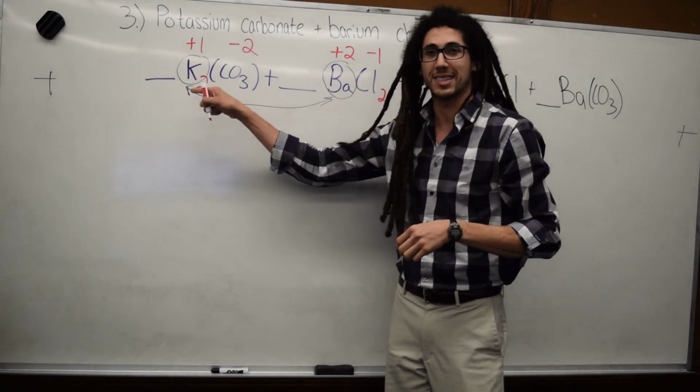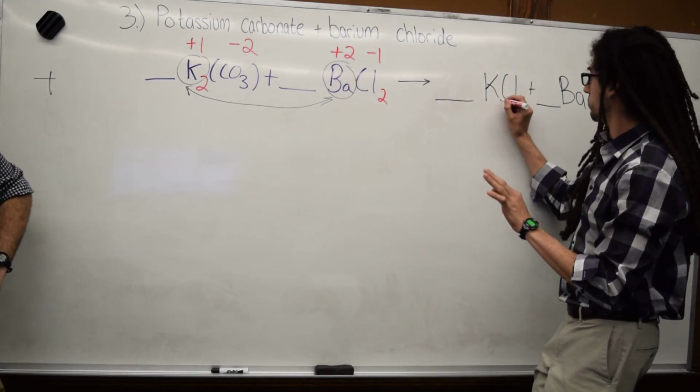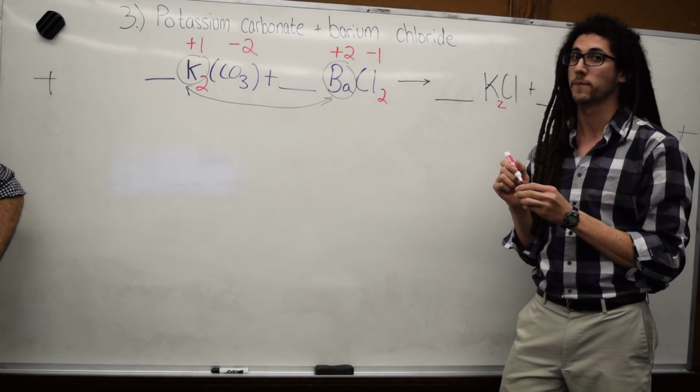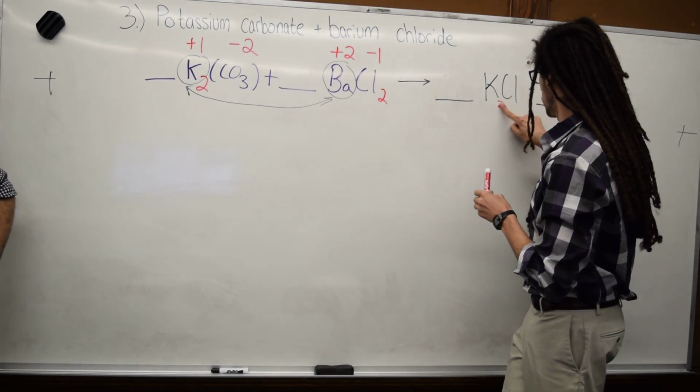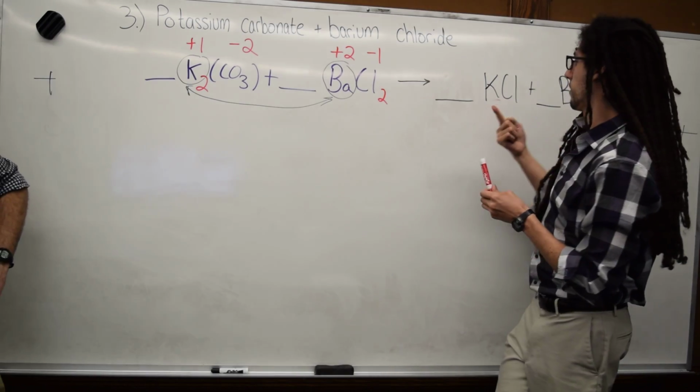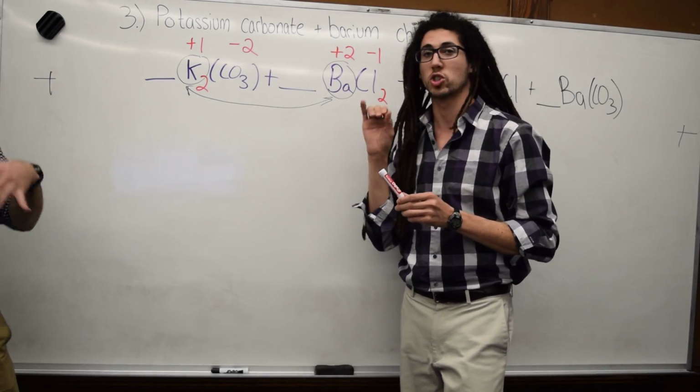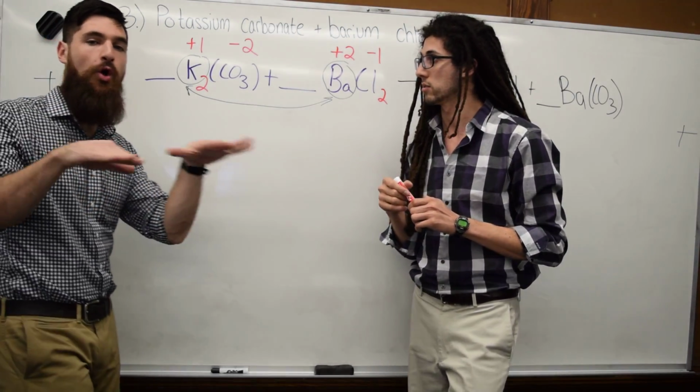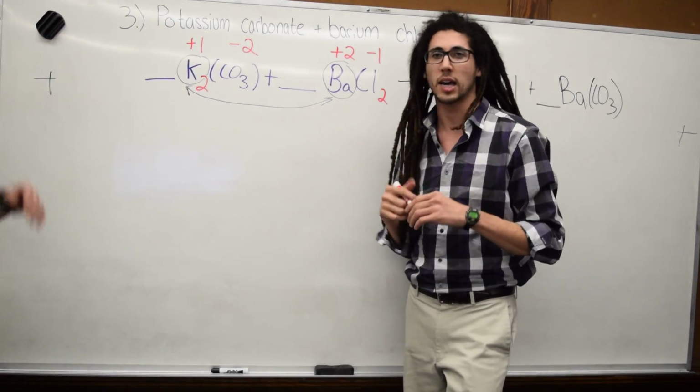Just because there's a 2 on this K doesn't mean I'm going to just put a 2 on this K, okay? Eliminate the subscript and find the new subscript based on the charges of the products. Whole new subscript. We're changing the game.